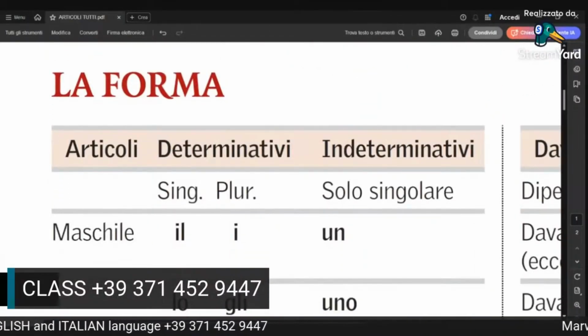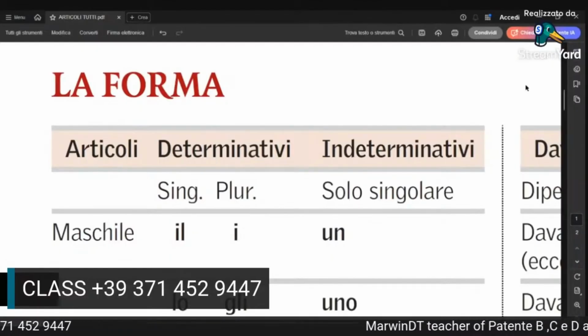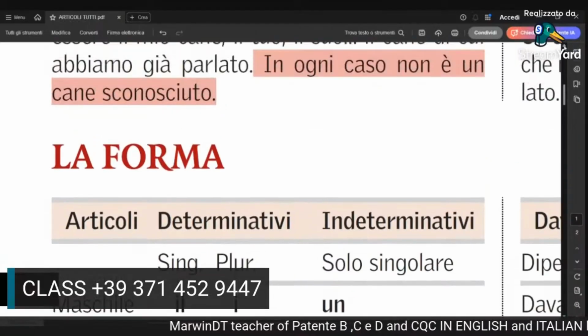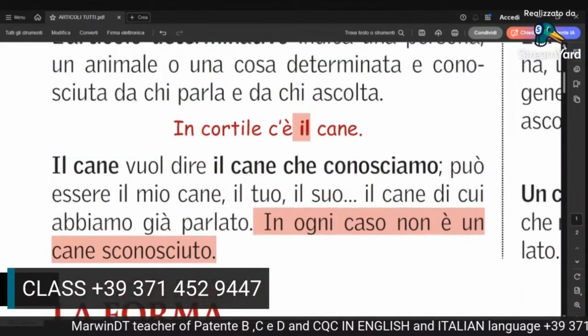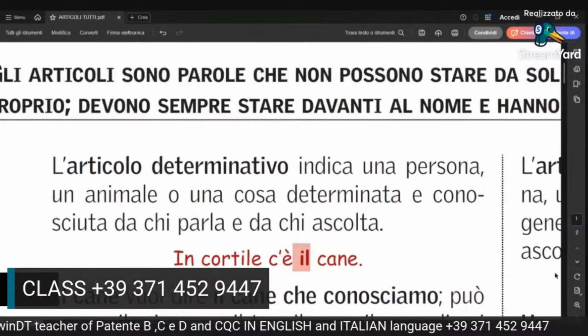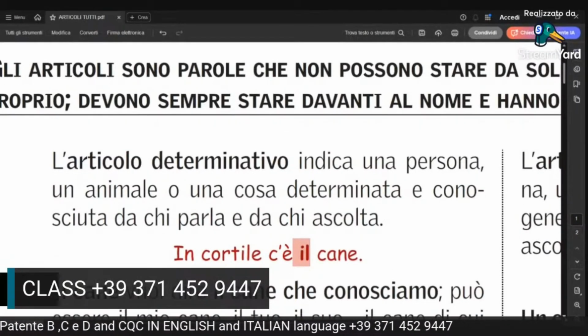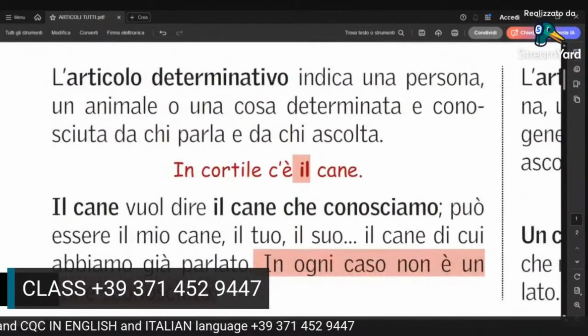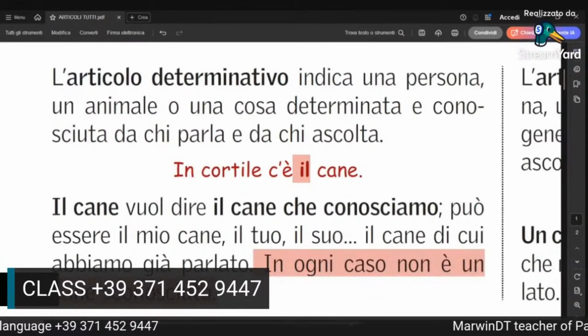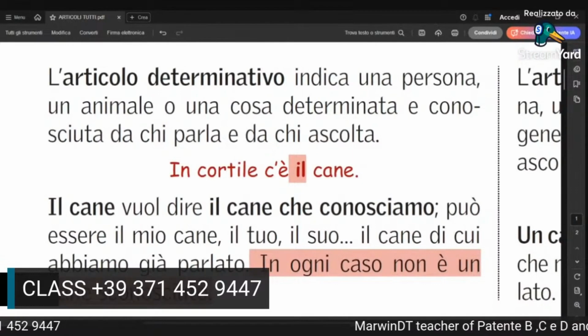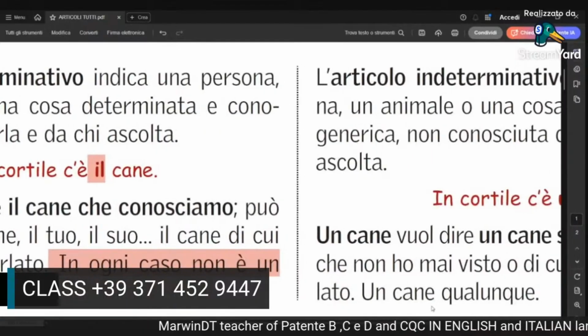Now, as we move forward, we are going to have access to the two different kinds of article. So now that we have ended with articolo determinativo, let me show you the other article, which is articolo indeterminativo.